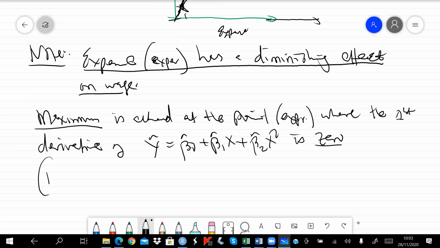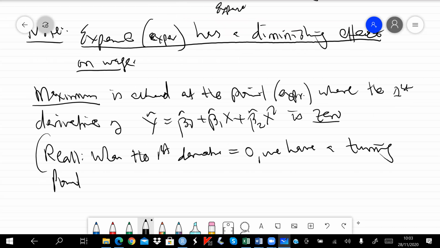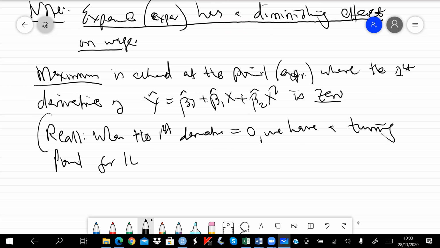Recall that when the first derivative is equal to 0, we have a turning point for the given function.